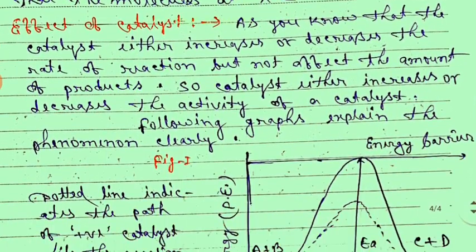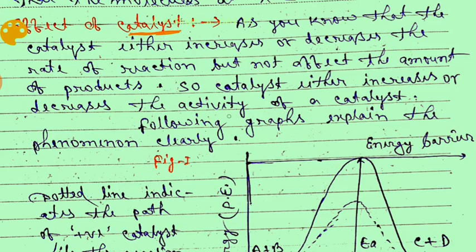Effect of catalyst. What is the effect of catalyst on the rate of reaction? You have read about the catalyst. What is the catalyst? It is the substance which does not take part in chemical reaction but either increases or decreases the rate of reaction. That you have read. If rate of reaction is increased, that is called positive catalyst.